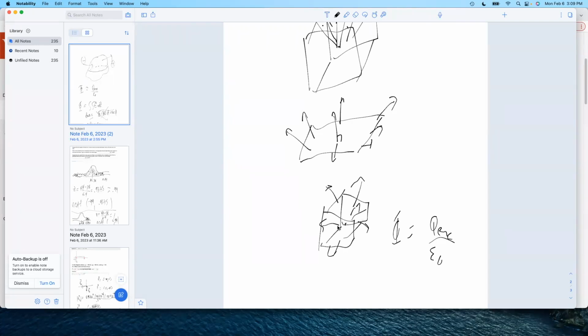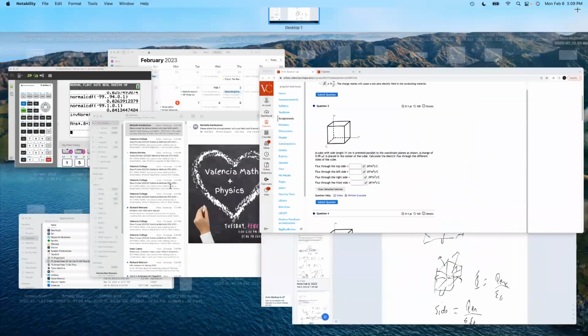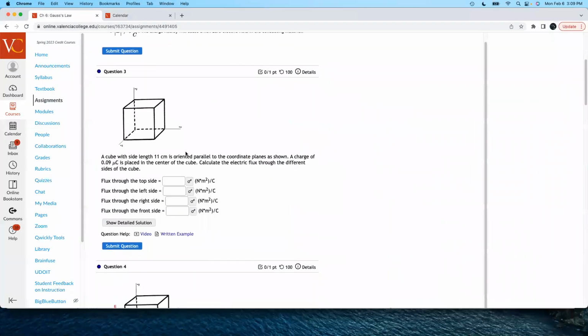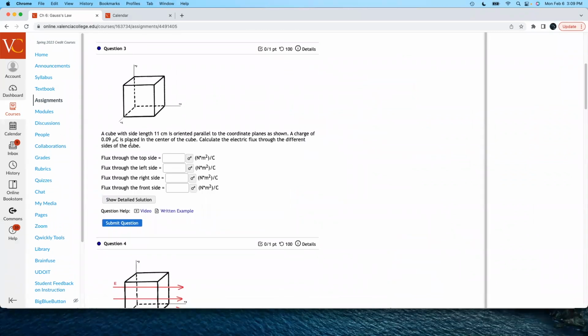But all 6 sides are equivalent as far as that charge is concerned. So each side gets 1/6 of that. If you notice here, I'm not going to show you the answers because then you just type them in. Because of the symmetry of the problem, and only because of that, and because the charge is sitting at the center, each side gets 1/6 of the total.